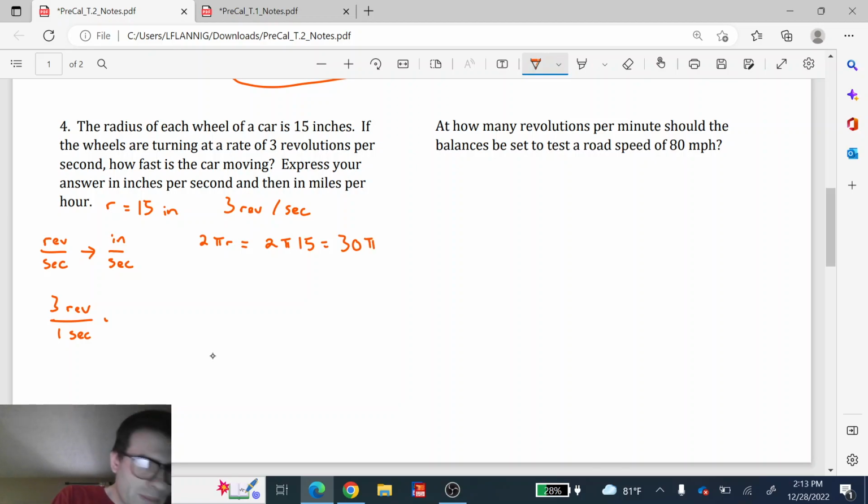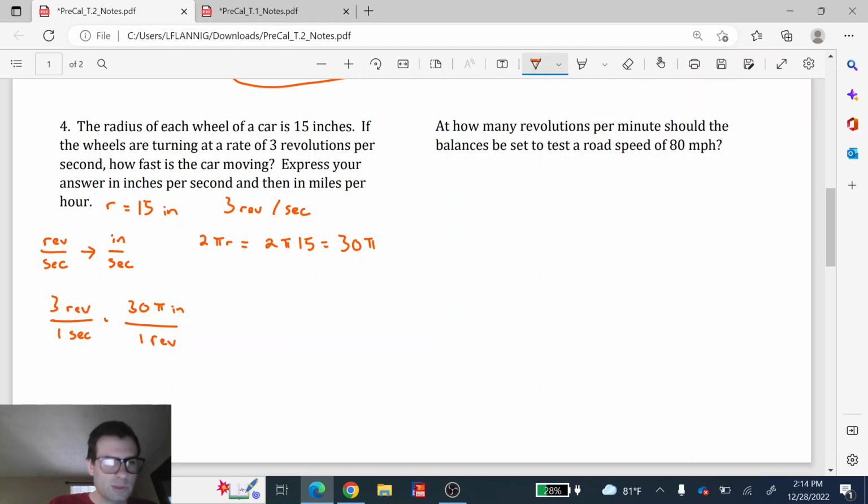So we know that 30π inches per one revolution, because one full trip around is the circumference, 2πr.